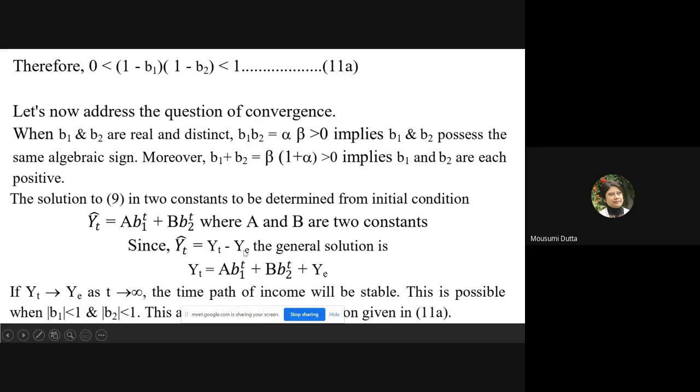Yt hat is equal to yt minus ye, so yt is equal to a b1 to the power t plus b b2 to the power t plus ye. So look, now you are getting the shape.